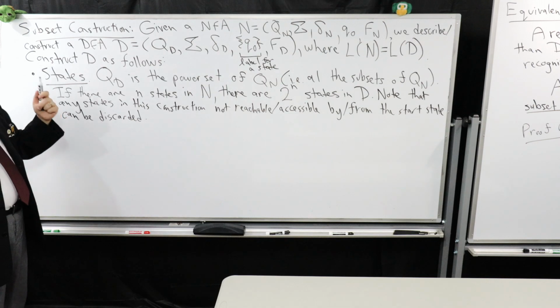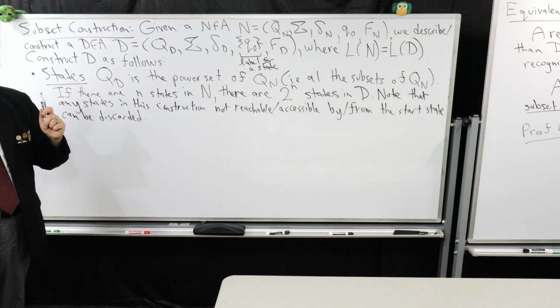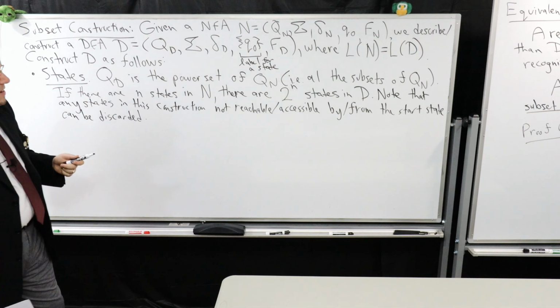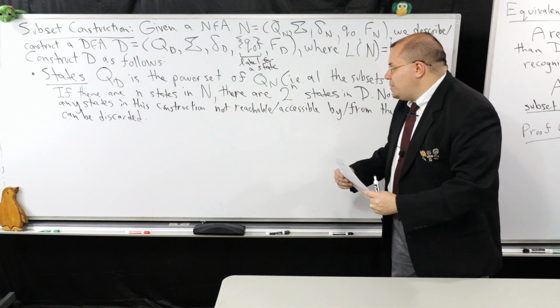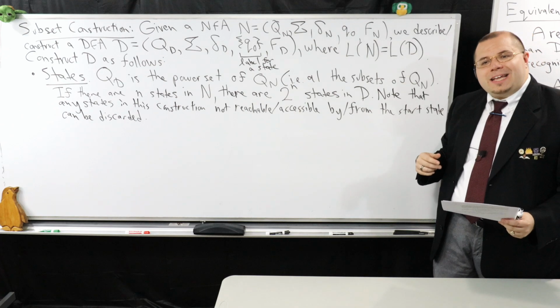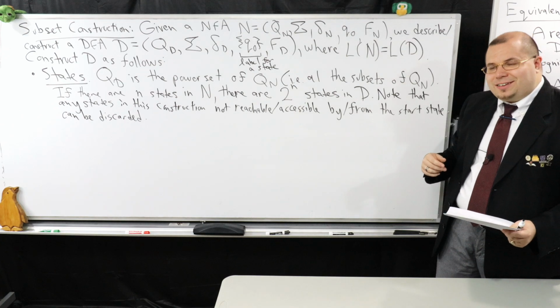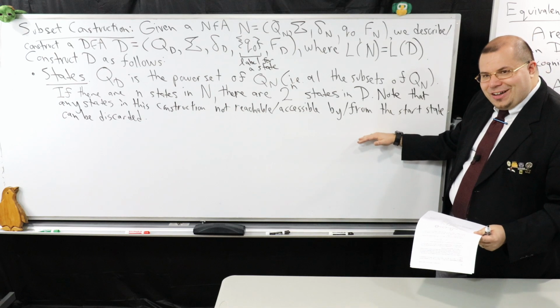If you have a start state and you think of this as a directed graph, there are going to be some states that could never be reached from the start state. Another way to say this is that there are some states that are never accessible from the start state. These you can delete or remove from your DFA.